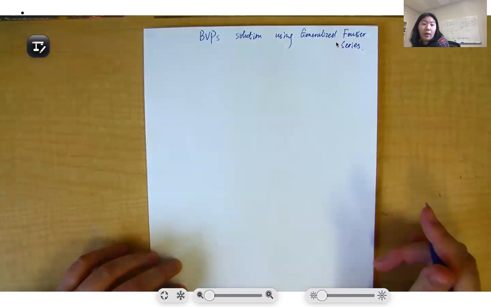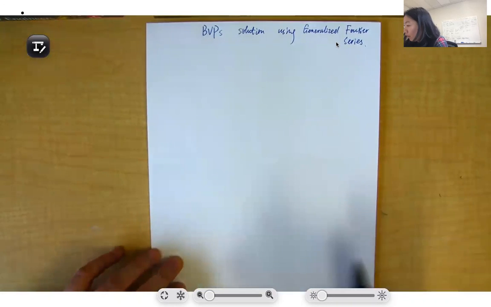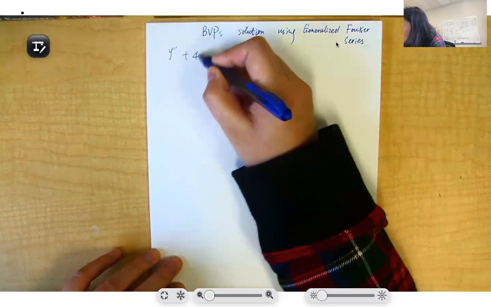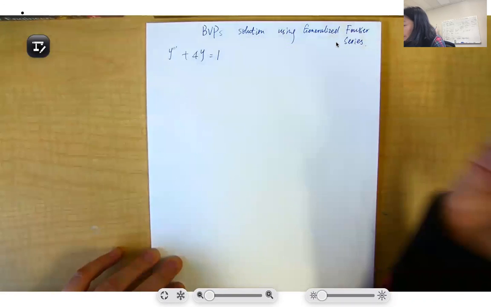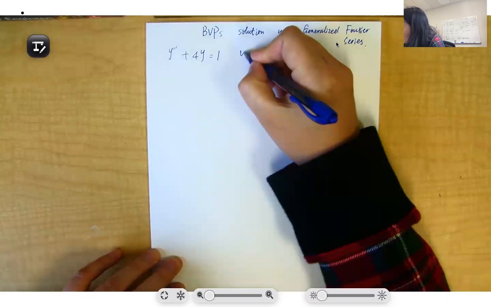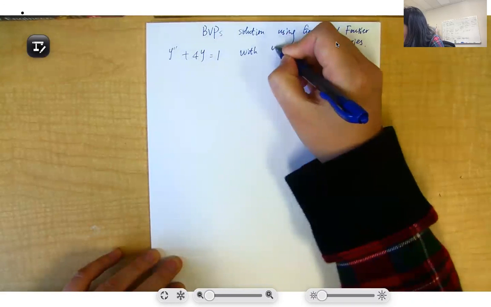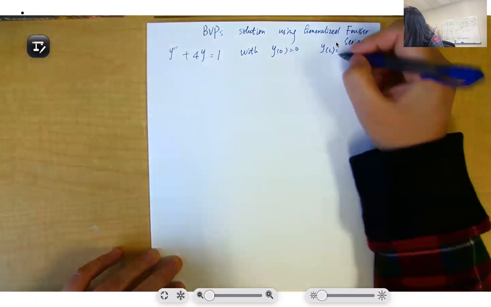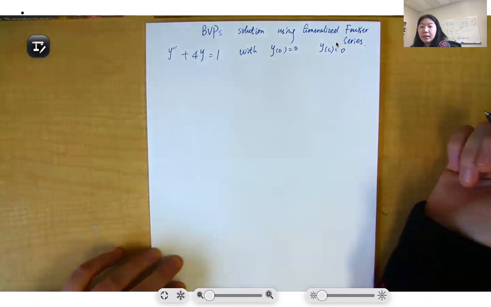And we will show an example, a very familiar one, where y double prime plus 4y equals 1 with the boundary conditions y(0) equals 0, y(L) equals 0.